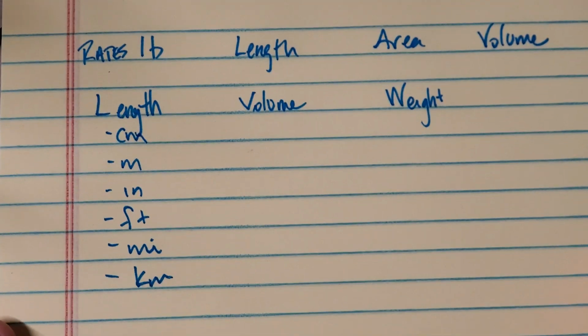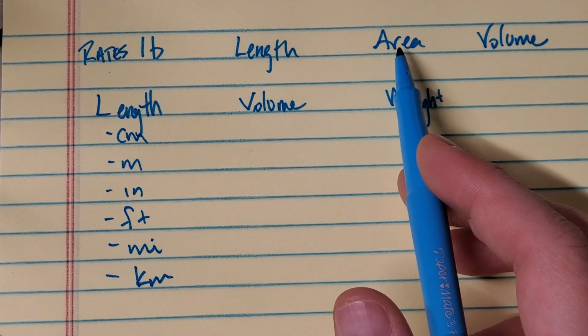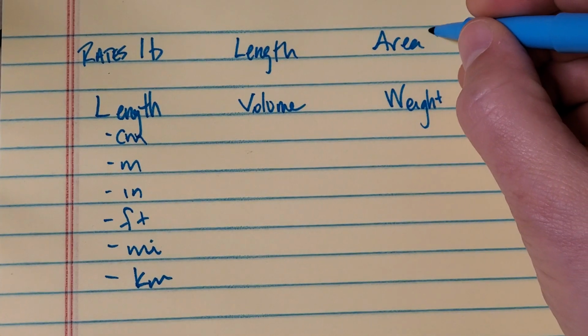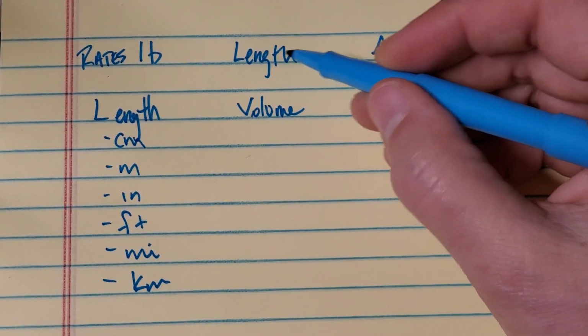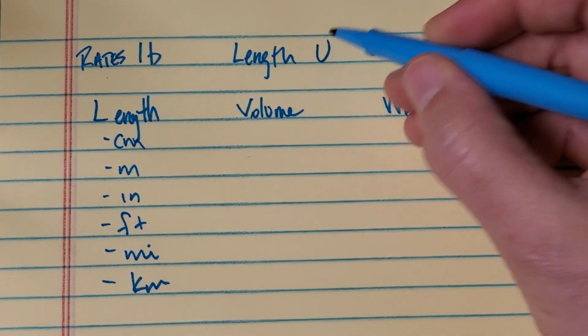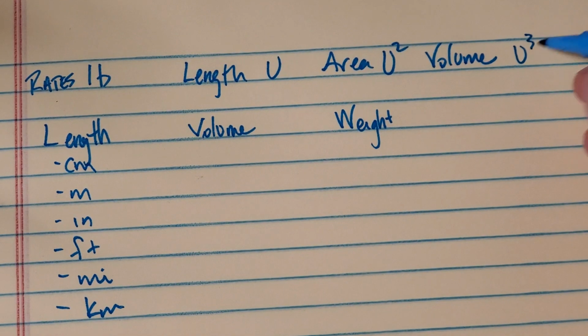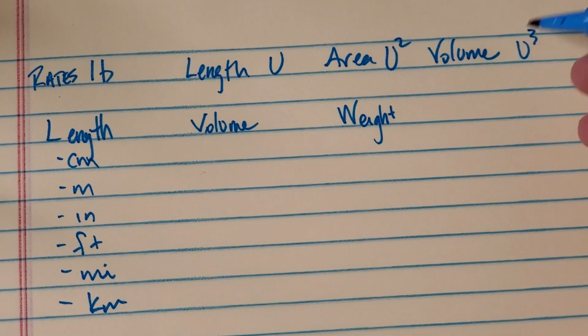All those kinds of things measure length. If you're only using measures of length to do area, then you have to have units squared. If you're just using units of length to measure length, you just have the unit, right? And if you're using units of length to measure volume, it's units cubed. Because remember, you're multiplying length times width times height, okay?